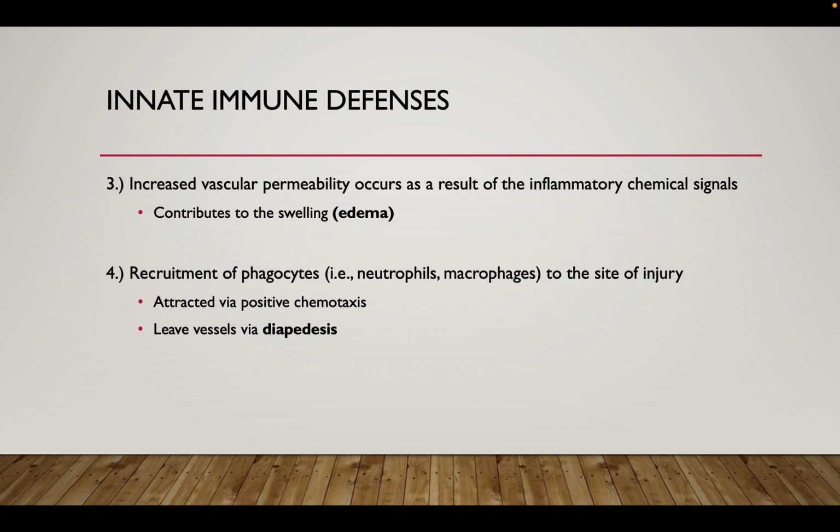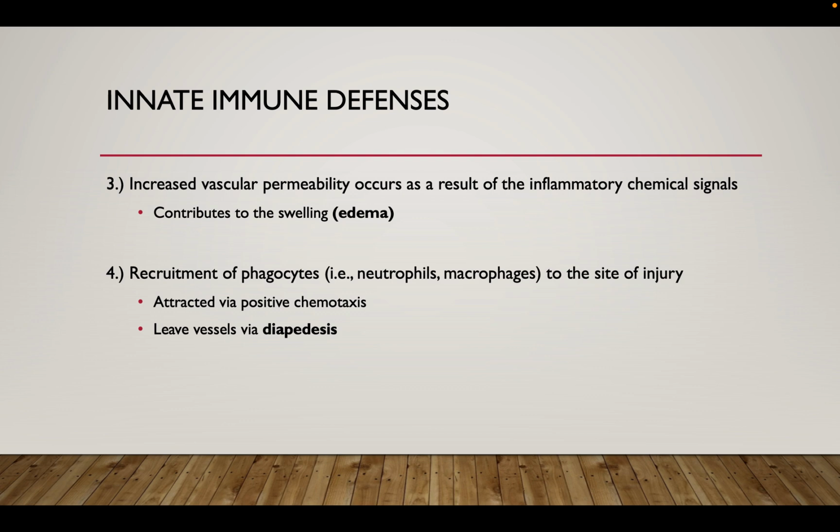Now, the way these cells leave the vessel, so they're in the blood vessel, and they have to get out of the blood vessel and go into the interstitial space around the cells and tissues where the injury or the pathogens are. Now, they are recruited to the area via positive chemotaxis. So that means that certain cells will release chemicals, and these phagocytes respond positively to those chemicals and go toward them.